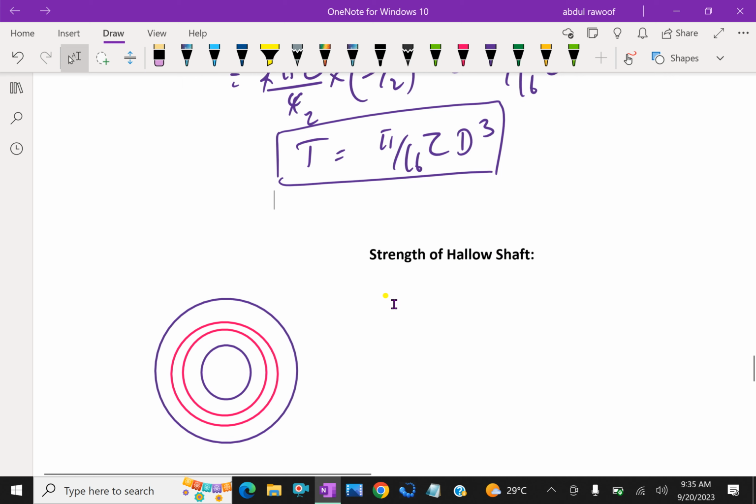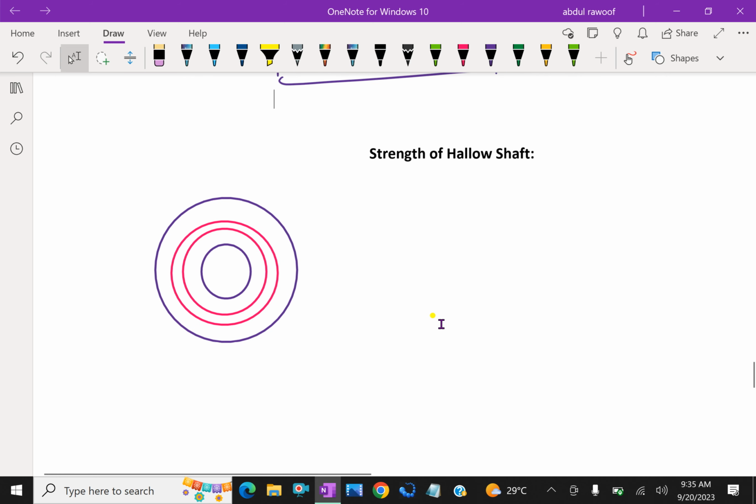Now, the strength of a hollow shaft. Here is a hollow shaft with small radius r as the inner radius and capital R as the outer radius, with the same elemental area dA at a distance x. Now we follow the same procedure for a hollow shaft.